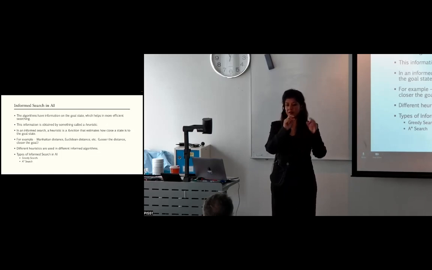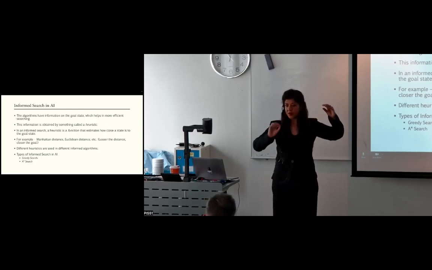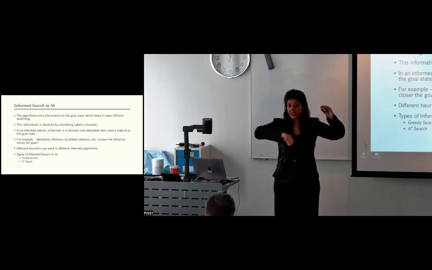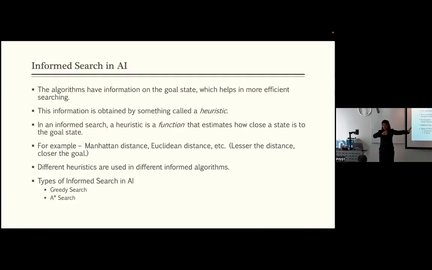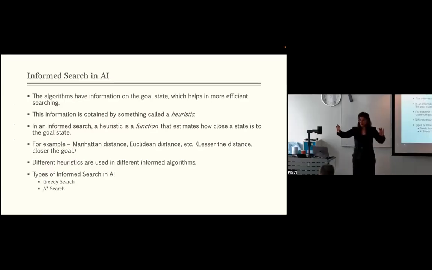Here's one point, and here's the other point, and we calculate the distance from the source to the goal, calculate what would be the minimum distance, and make that cluster separate, and that cluster separate. So this kind of information we have in informed search.